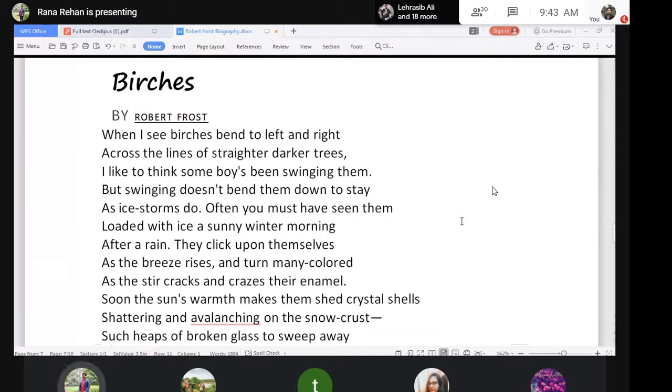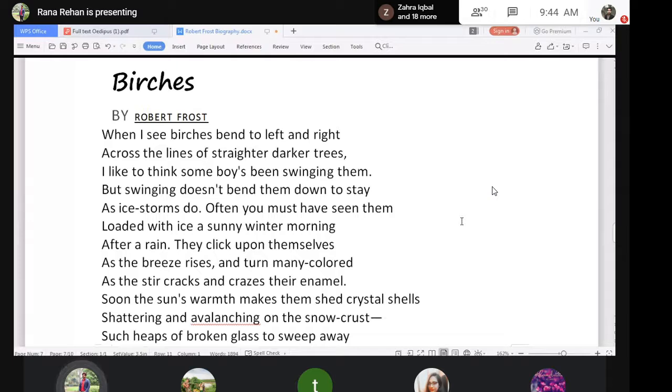One often must have seen them loaded with ice on a sunny winter morning after a rain. This is a strong imagery you can imagine. Imagery talks about our five senses, including smell, taste, touch, sight, and hearing. When these senses are found in anything, that describes a close relationship of the human being with that thing, even if that thing is inanimate, without any life.